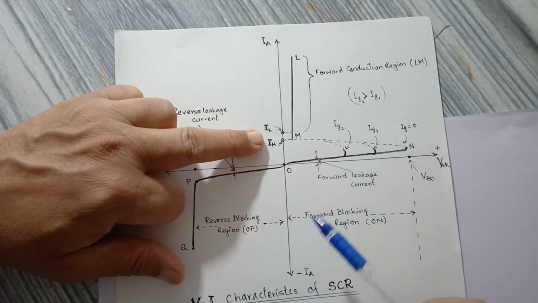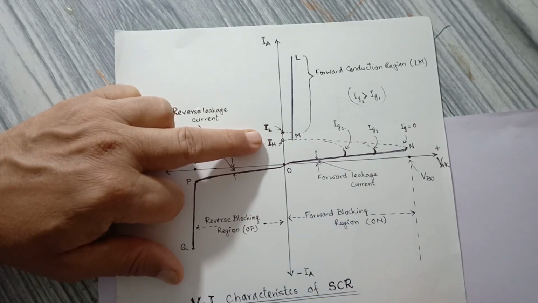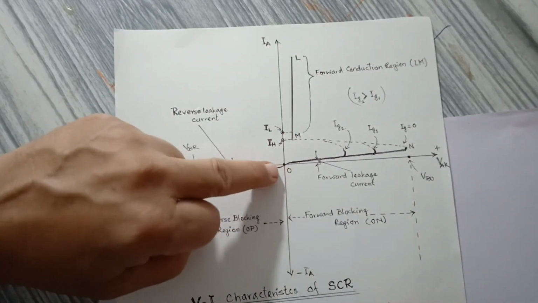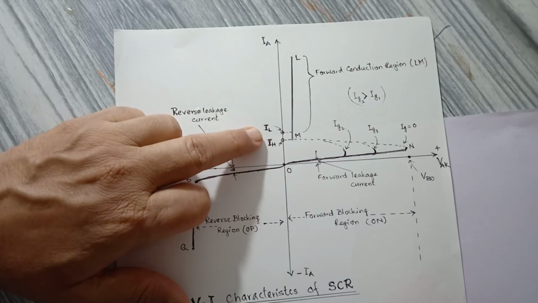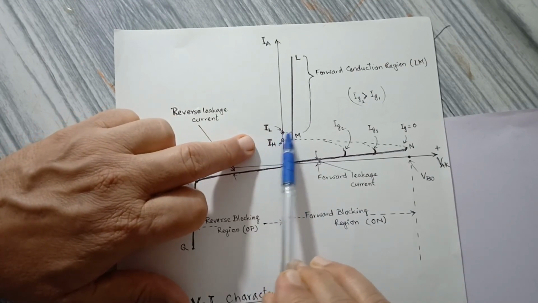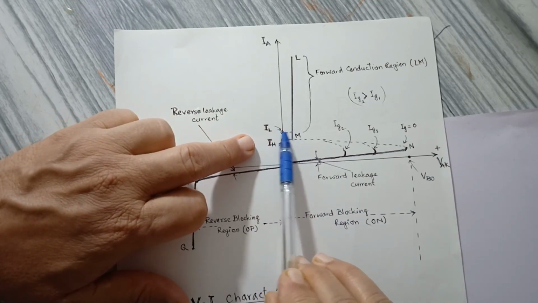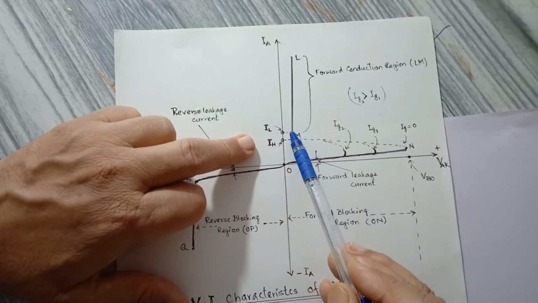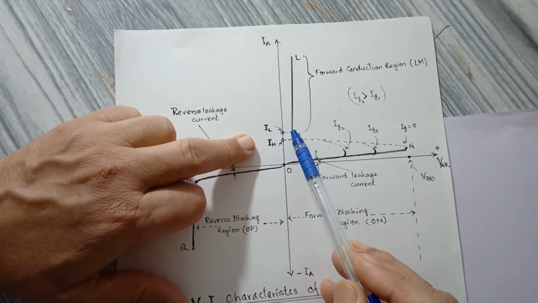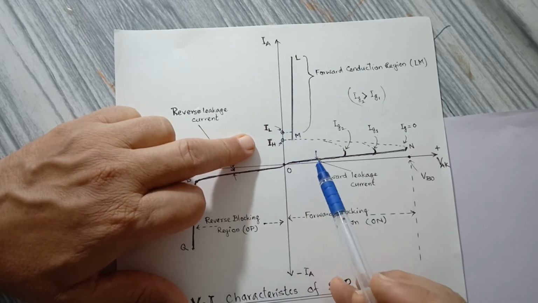So the minimum anode current required to take the SCR from off state to on state, guaranteed, is called the latching current, and I have shown it here on the characteristics. This must be the current that should flow through the SCR to turn on the SCR guaranteed.